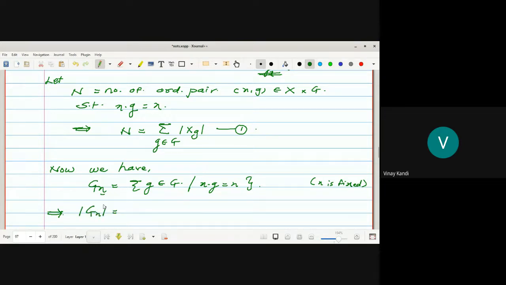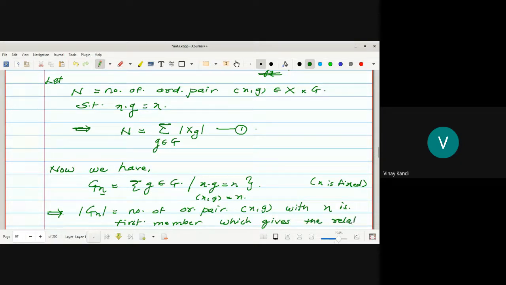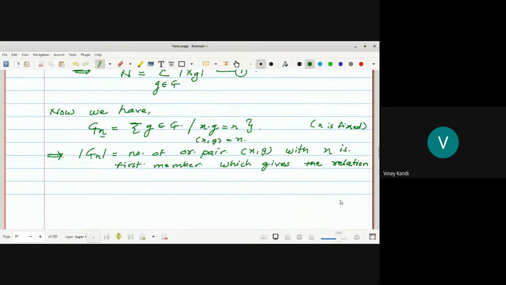What is the order of gx telling me? The order of gx is nothing but the number of ordered pairs (x, g), can we write it like this? Okay, with x as the first member, which gives the relation x·g is equal to x.